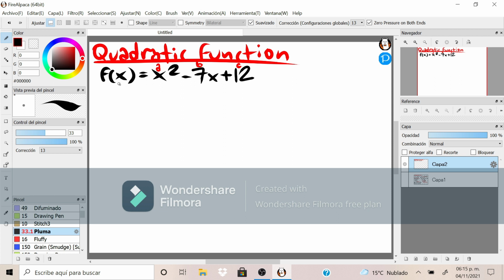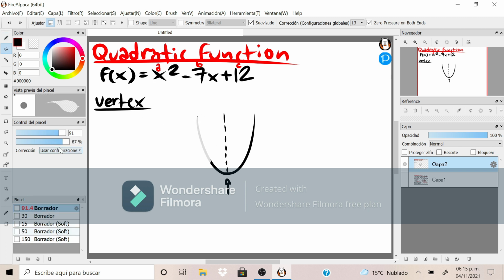First, we're going to find the vertex, which is supposed to be the middle of the equation, so that we can solve it easily.